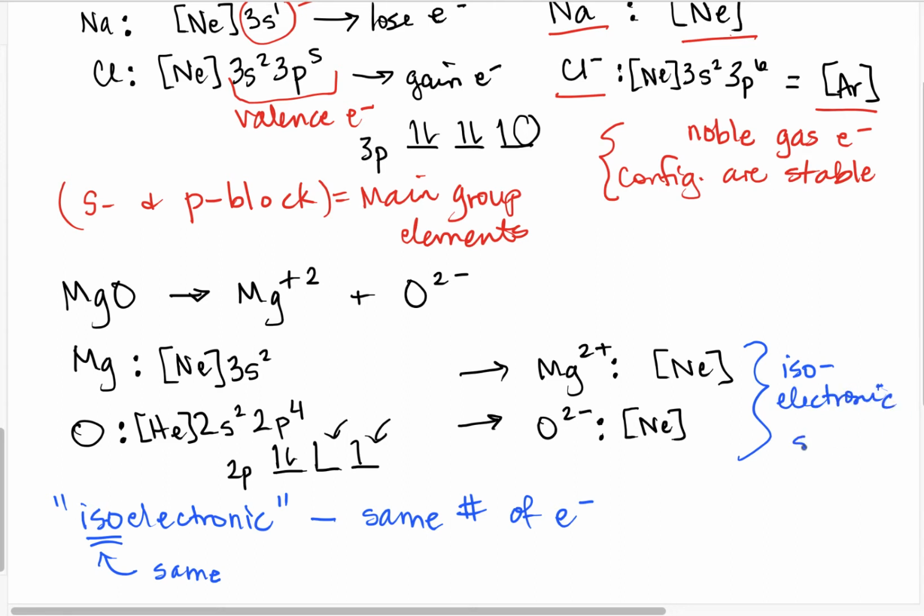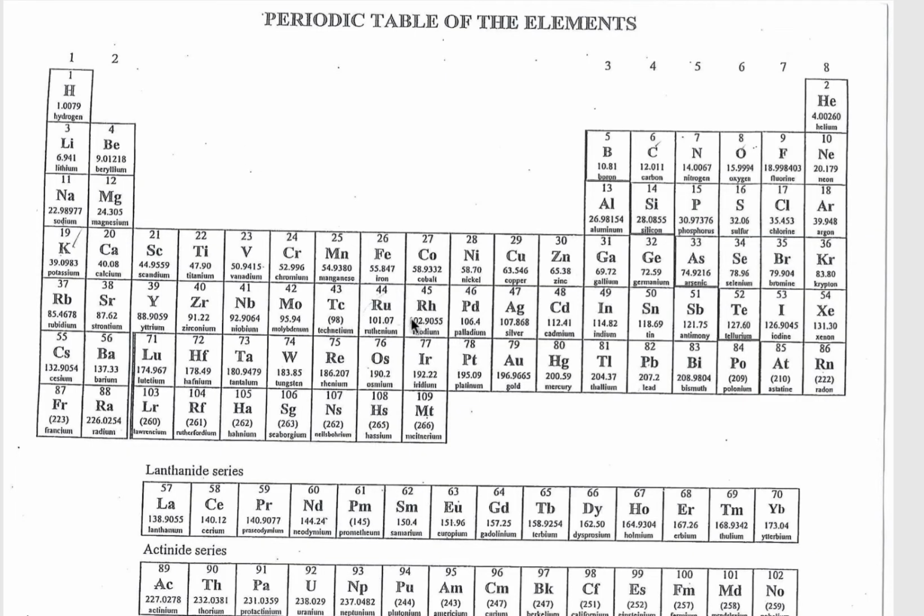They have the same number of electrons. And let's double check. Well, yeah, let's take a look at a periodic table. All right, here we go. So magnesium had 12 electrons, and then we removed 2, so it has 10, like neon. Oxygen had 8 electrons, and we gave it 2 more, and now it has 10, like neon.